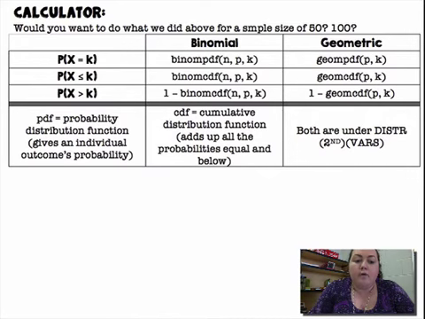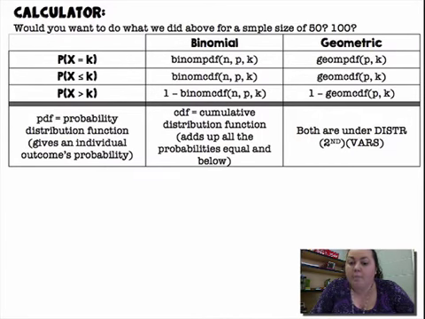So PDF is a probability distribution function given an individual outcome's probability. So that's if you're working with an individual value. And then cumulative distribution function, that's if you're working with a bunch of values, so less than or greater than some amount. It adds all those probabilities below.